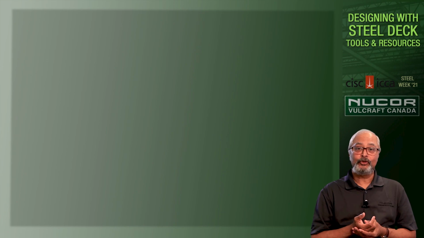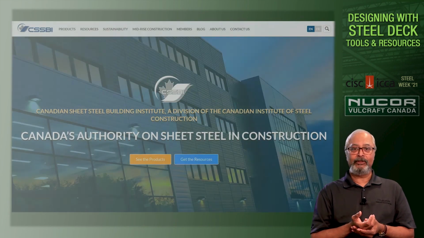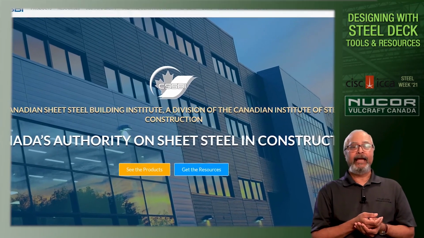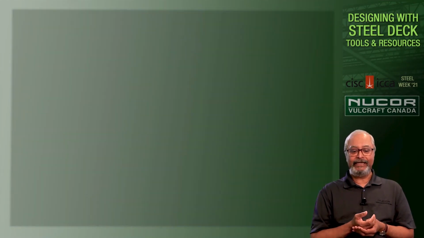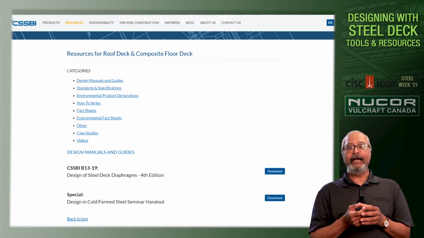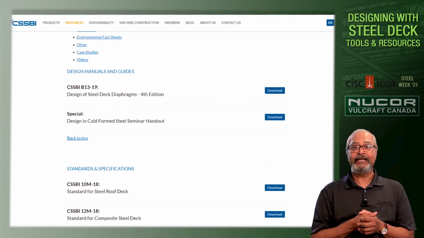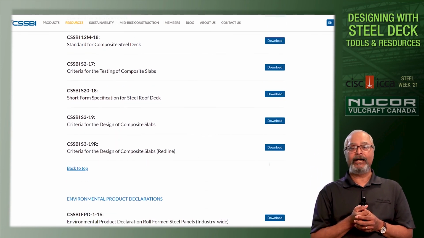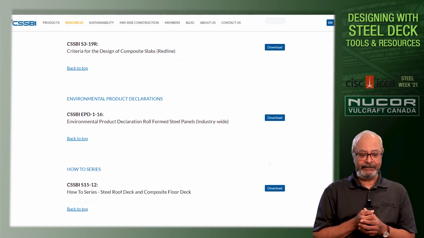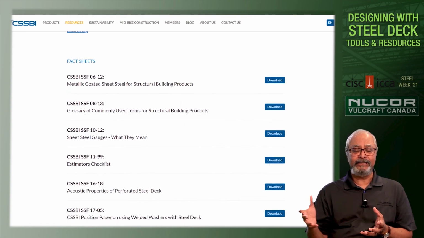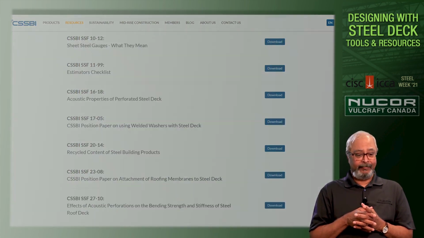Now, when it comes to documentation available for deck, CSSBI has several publications, both as standards for deck, as fact sheets and guidelines. These are available for downloading on the CSSBI website. But in particular, I want to highlight these ones.